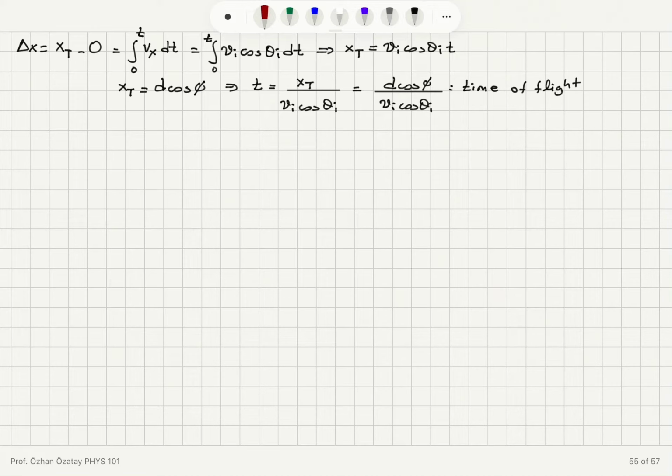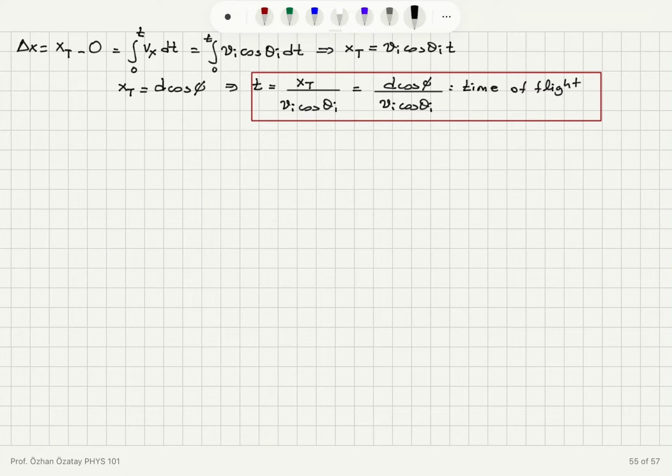Okay, so I have found the time of flight in terms of d, phi, theta initial and vi.